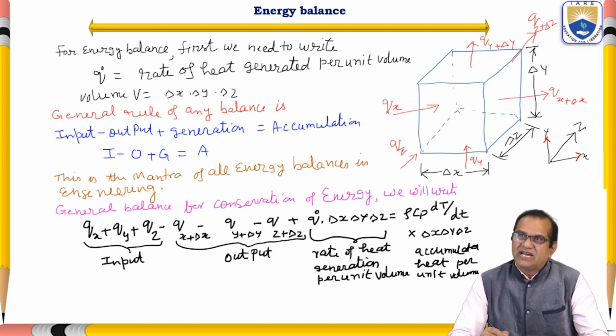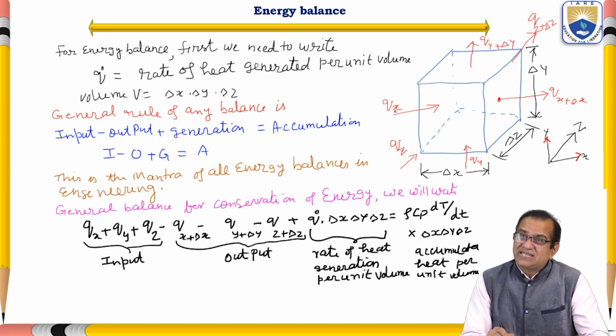In this element, the qx is entering from this surface and leaving on the opposite side. So if you see this x, the area perpendicular to x is delta y into delta z.